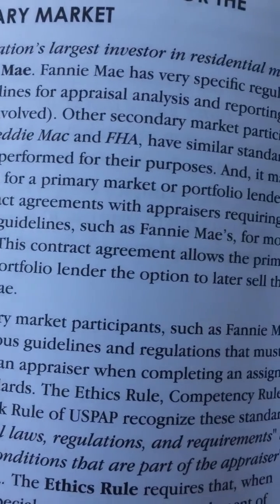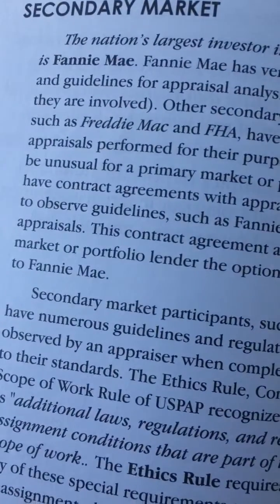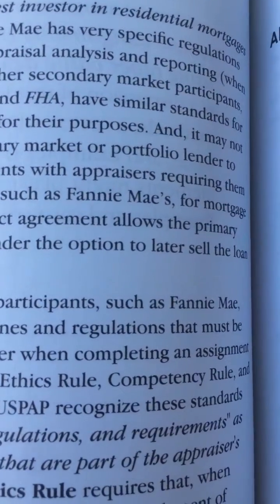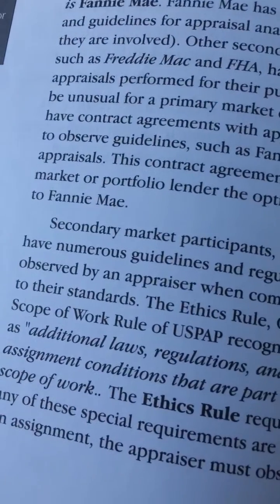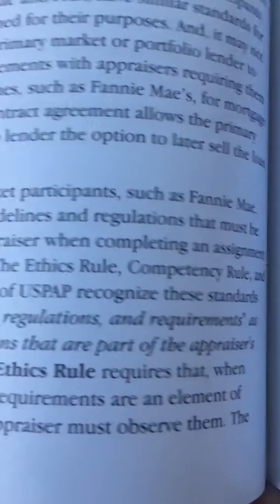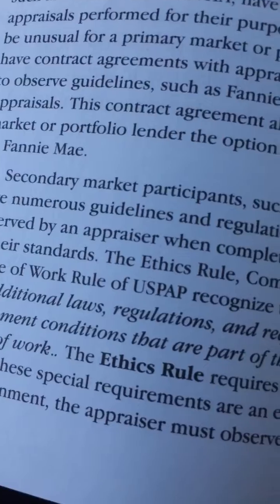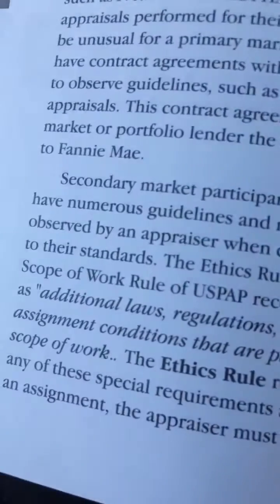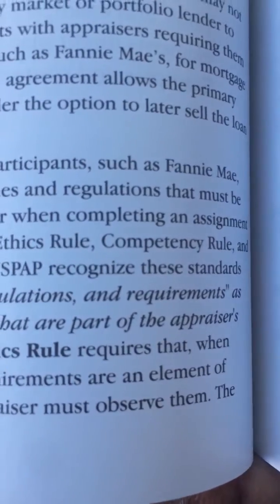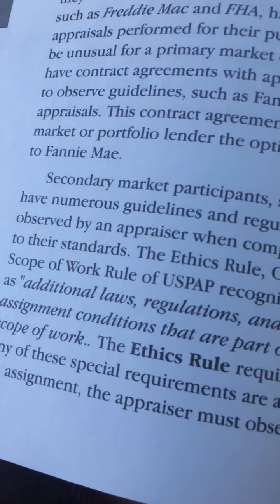This contract agreement allows the primary market or portfolio lender the option to later sell the loan to Fannie Mae. Secondary market participants, such as Fannie Mae, have numerous guidelines and regulations that must be observed by an appraiser when completing an assignment to their standards.